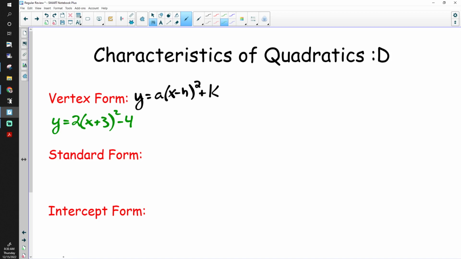Okay, standard form. The most popular way you will see a quadratic for the rest of your life. On the ACT, SAT, and math after this, college, whatever your plans are.